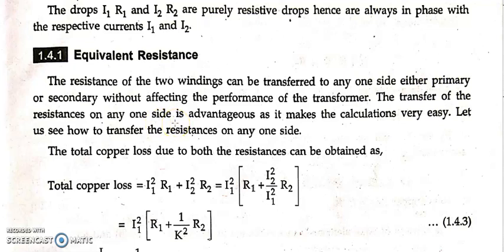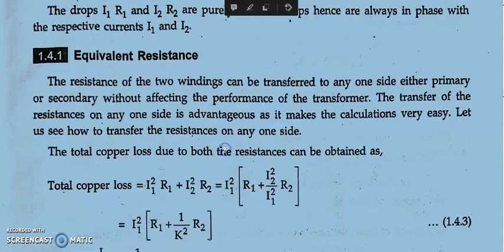That is, you can transfer the drop I2 R2 in the secondary into the primary side, and also transfer the drop I1 R1 in the primary winding to the secondary winding. By doing so, it will ease our calculations. This is why we are calculating equivalent resistance, so you can understand the transformer better.